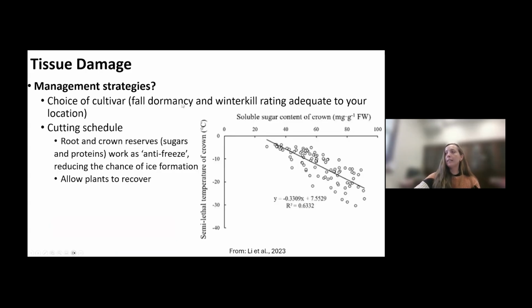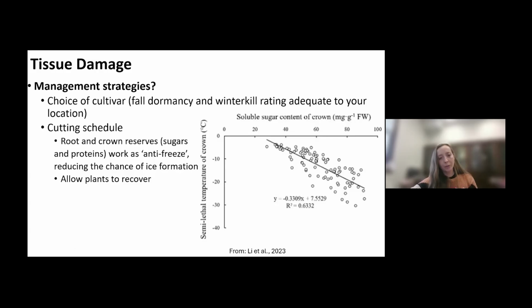This study shows the soluble sugar concentration in alfalfa crowns and the lethal temperature of the crown, which is when half of the cells in the crown are very damaged. We can see that at greater soluble sugar concentration, the alfalfa crown can withstand lower temperatures.